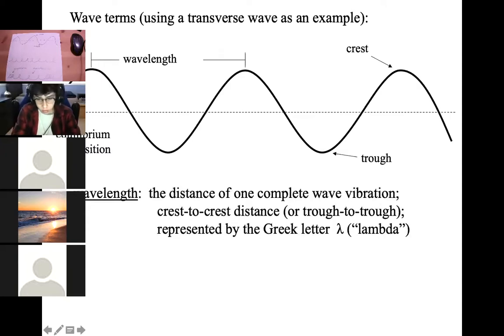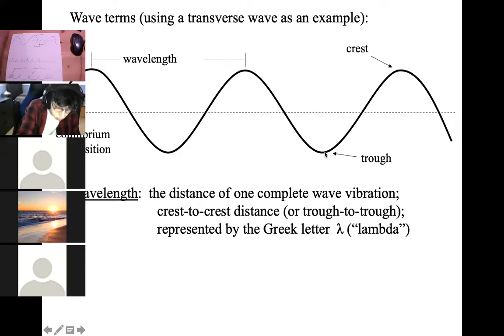Wavelength is the distance of one complete wave vibration. It is the crest to crest distance, or trough to trough distance. It's the length of one complete wave.